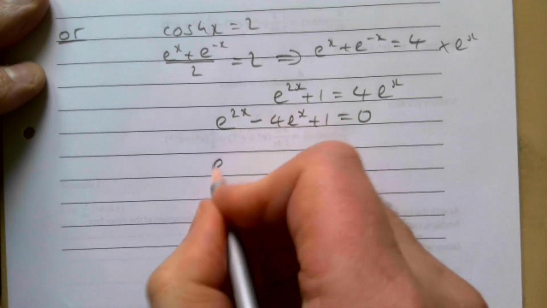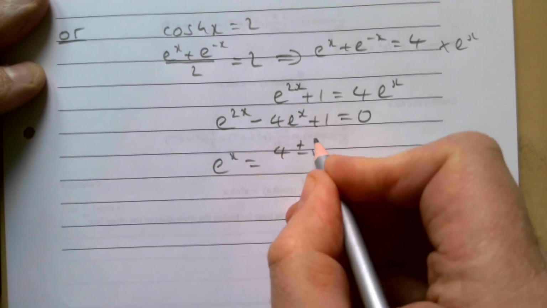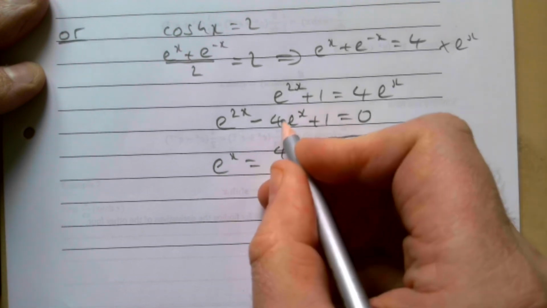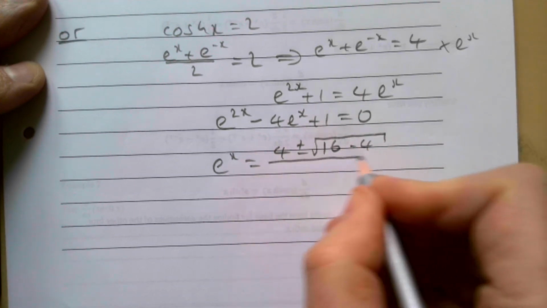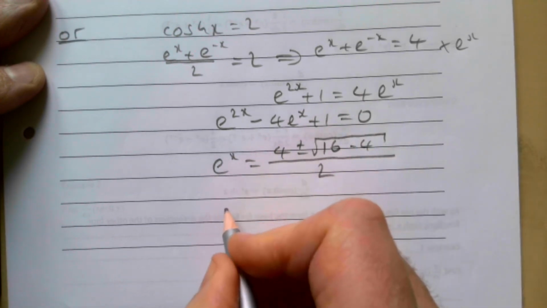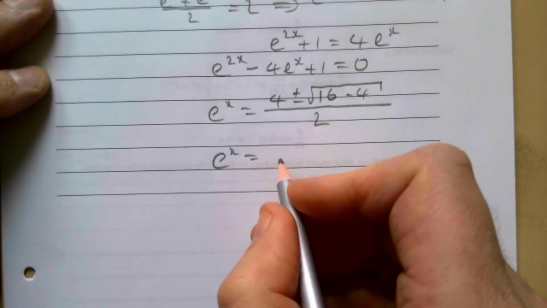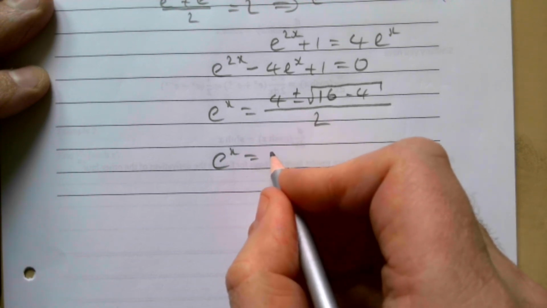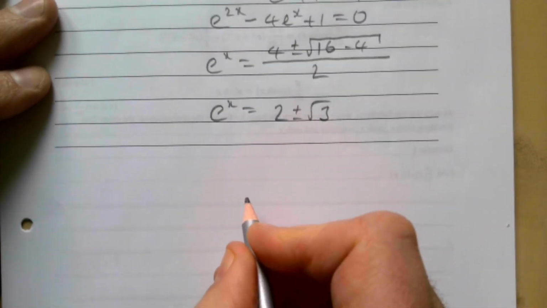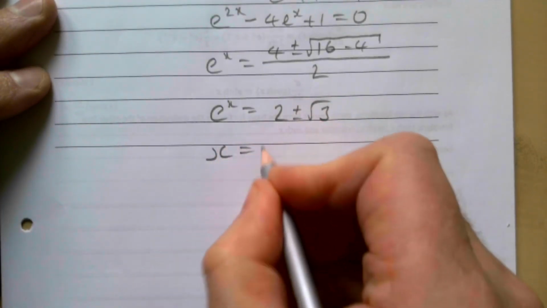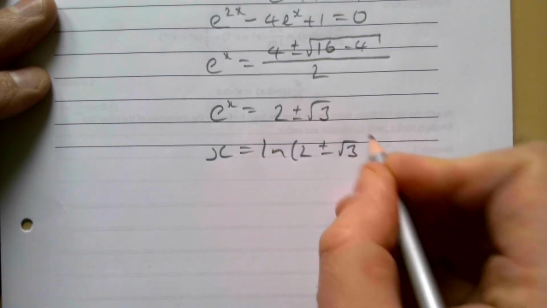So e to the x is minus b, so it's 4 plus or minus the square root of b squared, so it's 16, take away 4ac, all over 2, and sure enough we end up with something similar. e to the x is 2 plus or minus root 3, or x then is ln of 2 plus or minus root 3.